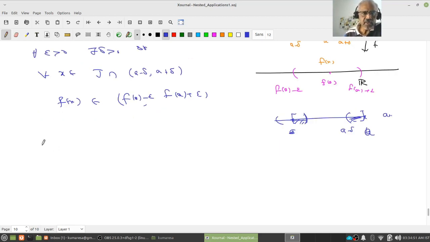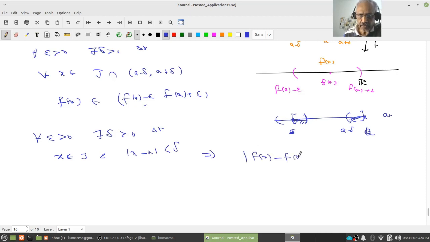In terms of inequality, how will you write? For every epsilon positive, there is a delta positive, so that x belongs to J and mod x minus A less than delta implies mod F of x minus F of A is less than epsilon.